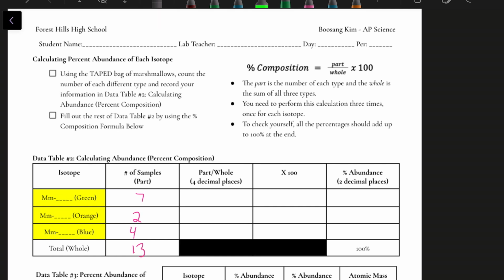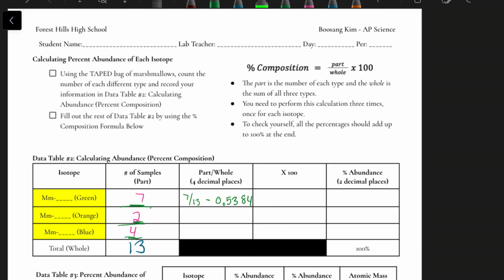Each one of these things is our part. We can even change the color here. And our whole is 13. When we do part over whole, for example, it would be 7 divided by 13. Whatever that equals, write that down to 4 decimal places. So 7 divided by 13 equals 0.5384.